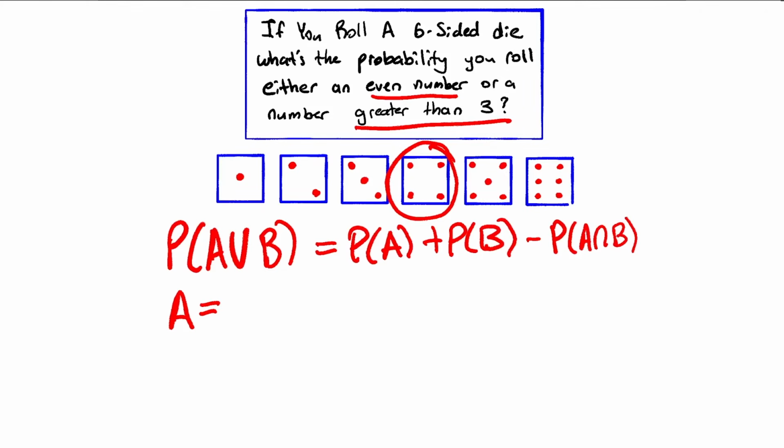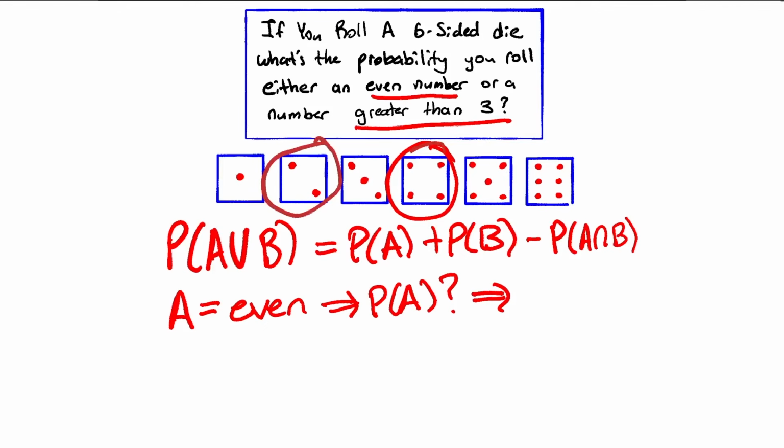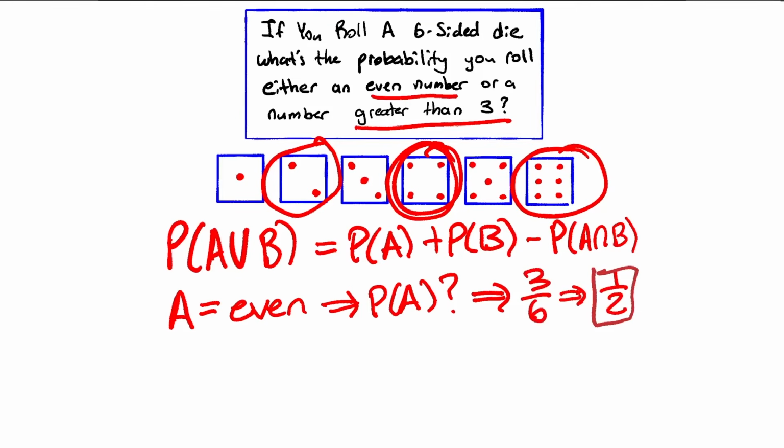So let's say that A is the event that you roll an even number. What is the probability of A? Well, the probability of A is just the event you roll an even number. So in our 6 possible chances, you could roll a 2, you could roll a 4, or you could roll a 6. That's 3 out of 6. So there's a 1/2 chance that you roll an even number. So P of A equals 1/2.